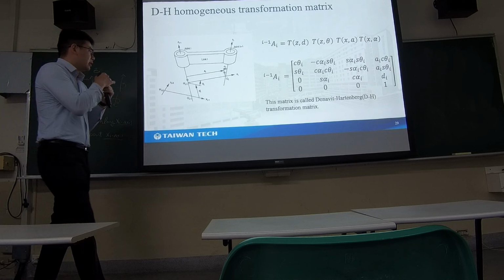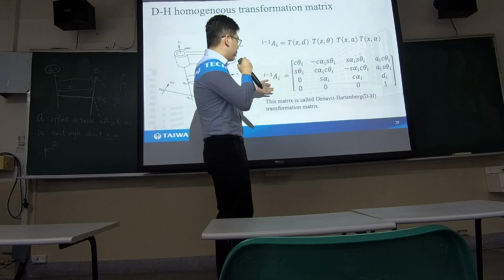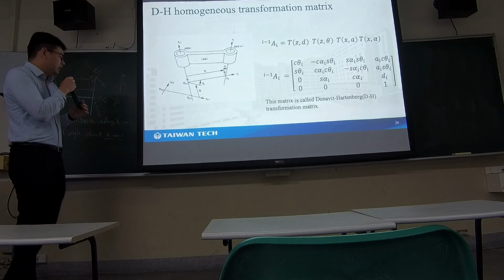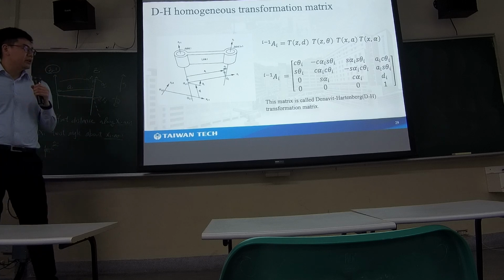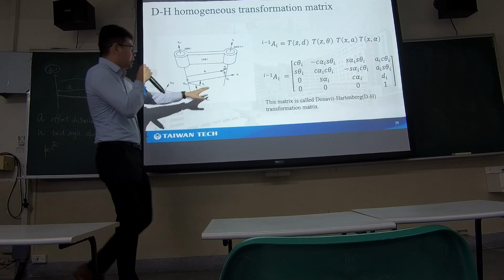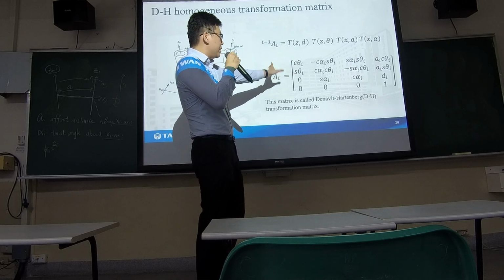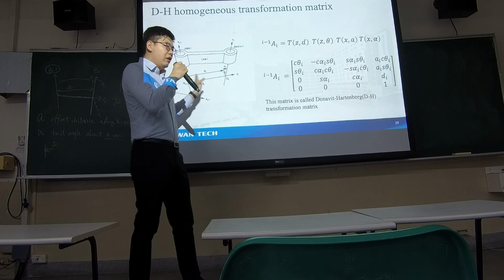So in the last class, we have already got our general matrix for the transformation matrix. This is called the DH transformation matrix. If you have these four parameters, you just put them into this matrix, then it will give you the transformation matrix of these two links.